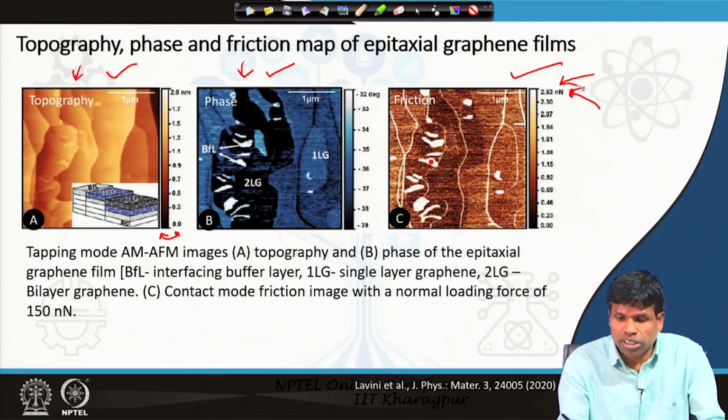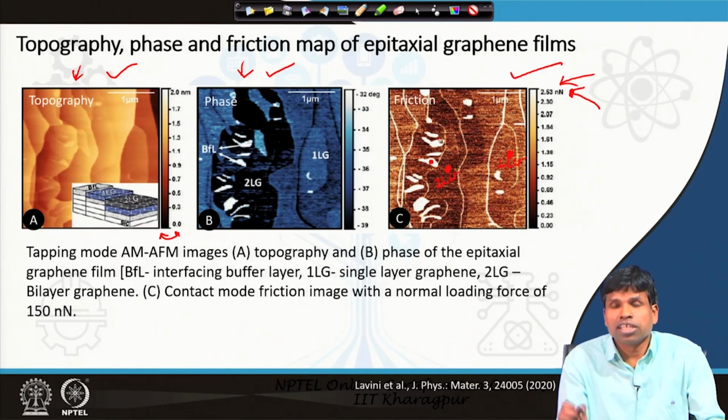Then the second is one layer graphene, and the third is two layer graphene, one layer graphene and the interfacial layer, having three different contrasts.